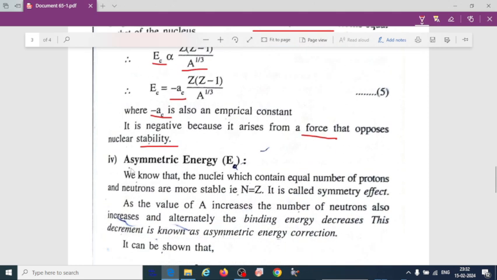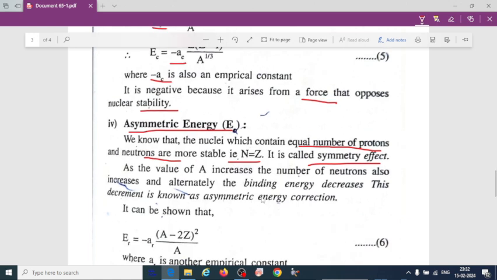The fourth one, asymmetric energy. As the name indicates, here there are unequal numbers of protons and neutrons. Nuclei are more stable when N equals Z, which is called the symmetric effect. If they are not equal, that is asymmetric. If equal numbers of protons and neutrons are there, the nucleus is going to be stable.